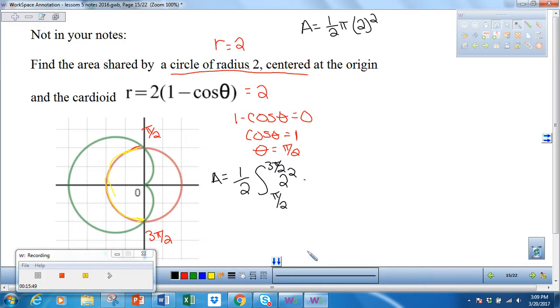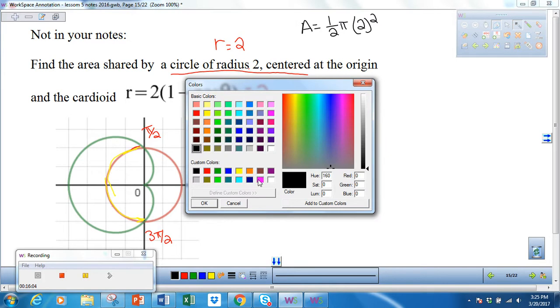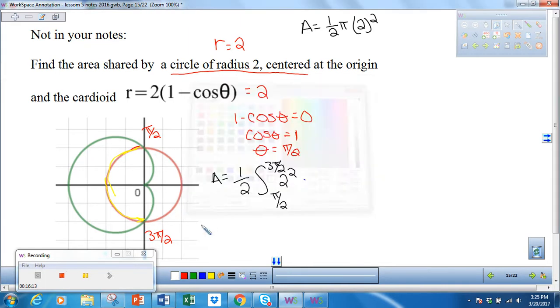My next area, let's use a different color. Let's do pink. That's going to be too close to that red. Let's do white. Maybe that'll show up. Okay, so now to get this area, I'm sweeping in this direction to get this part of the red.